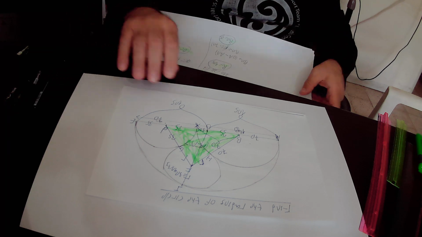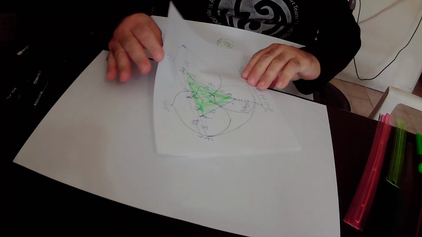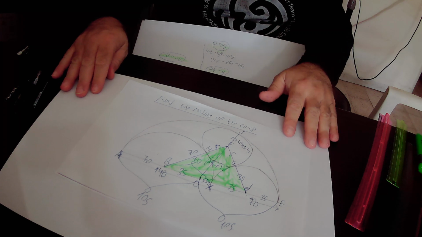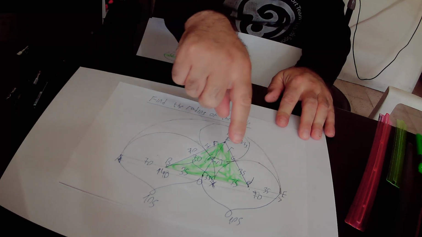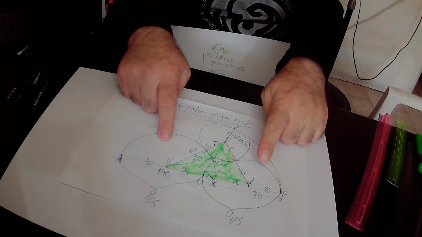So, in the drawing, we have the big semicircle. Inside this big semicircle, we have 2 semicircles and 1 circle.